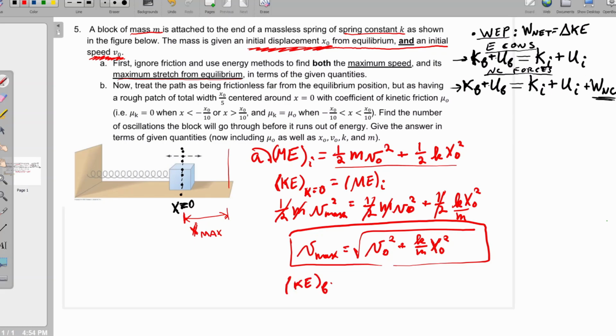So KE final here will be 0, and the elastic potential energy at the final location is going to be 1/2 k x max squared. Then I have, from conservation of energy, that this 1/2 k x max squared is going to be equal to the initial mechanical energy.